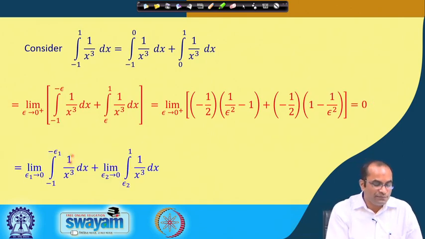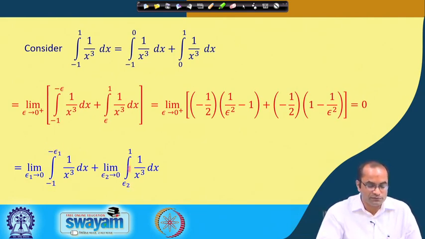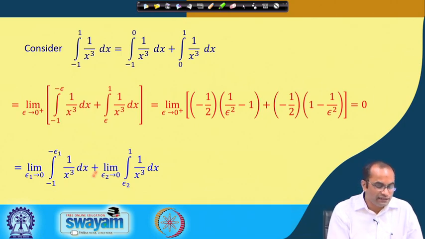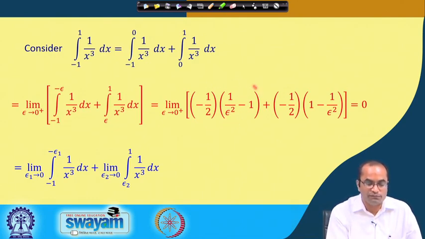But what will happen if we evaluate separately the first integral from -1 to minus epsilon 1 and then epsilon 2 to 1? In that case, neither of the integrals converges, because we will get exactly this here with epsilon 1, and when epsilon 1 goes to 0 this will be unbounded, it will go to infinity.